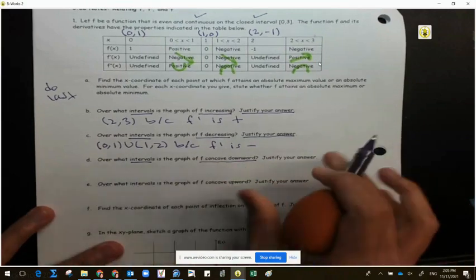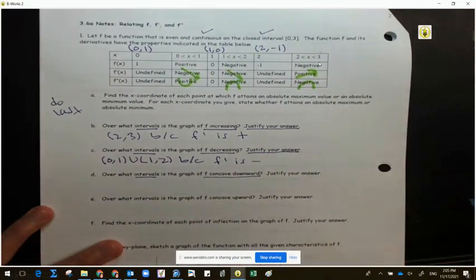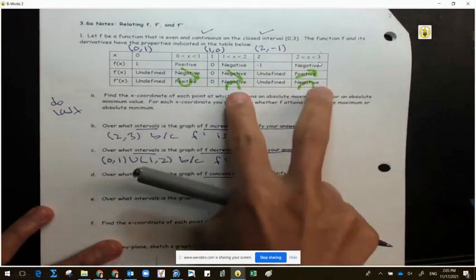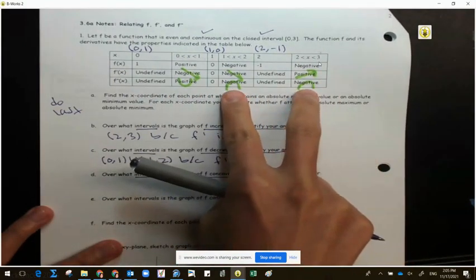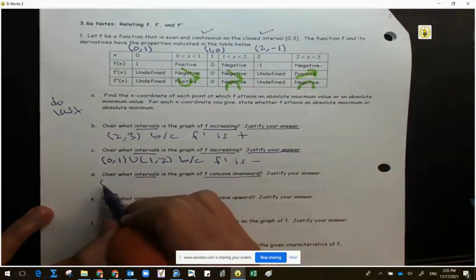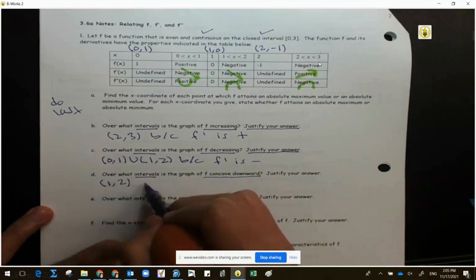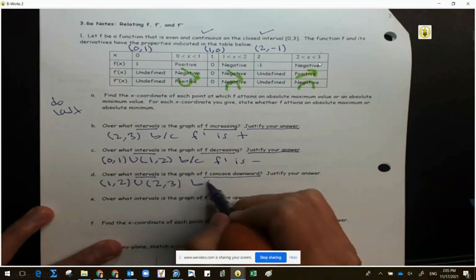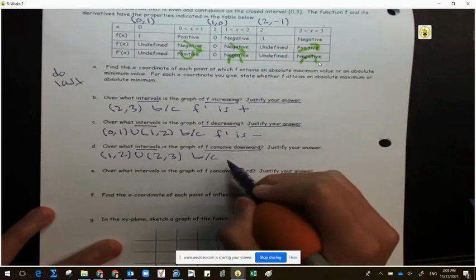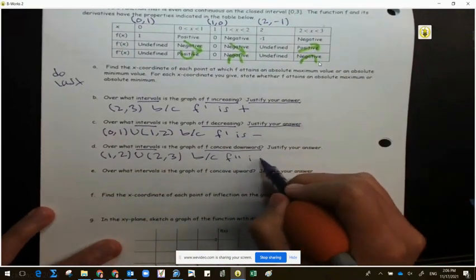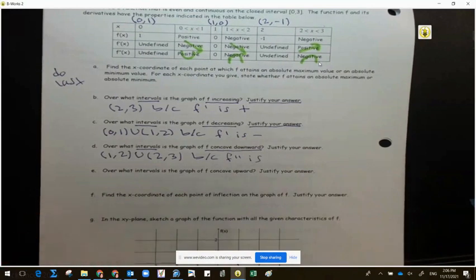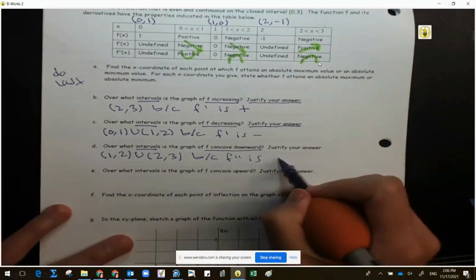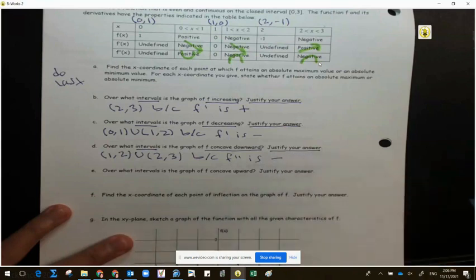On my second derivative, we know it is concave downward at how many locations? Two. So let's write on here (1, 2), union, (2, 3). And for your because, we have to write it with a double prime: because f double prime is negative.